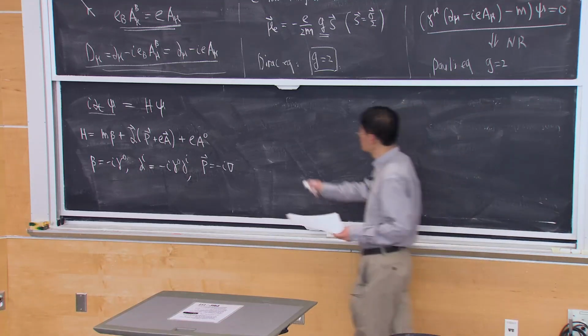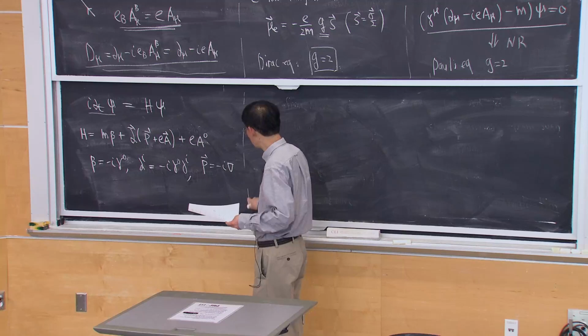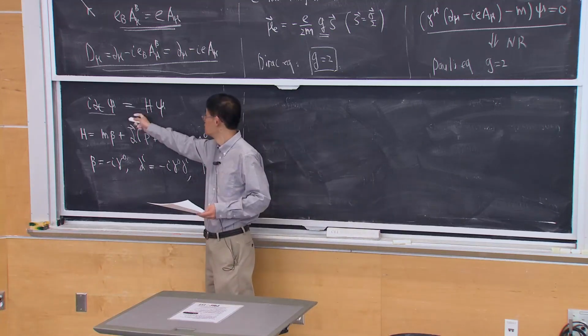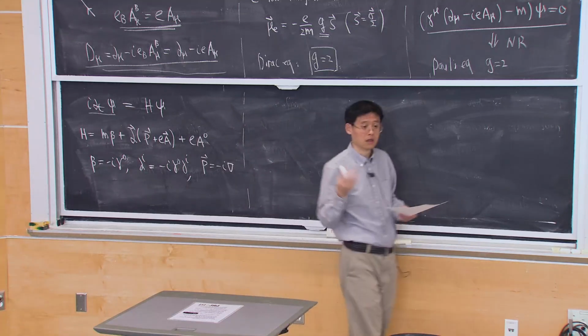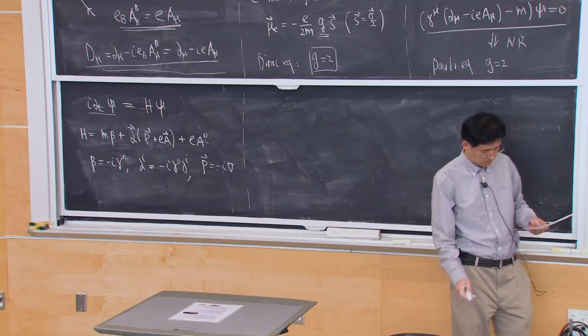Now the claim is that if I take the non-relativistic limit, this equation becomes an ordinary Schrodinger equation, including the magnetic moment.